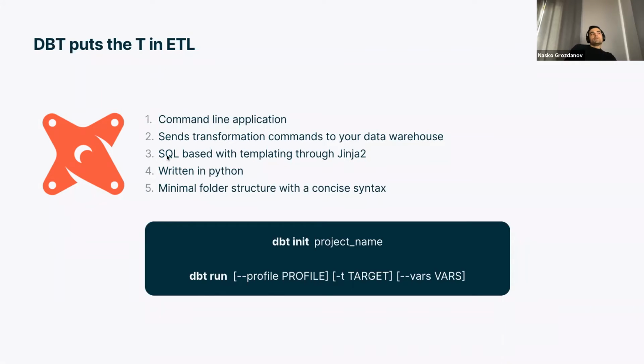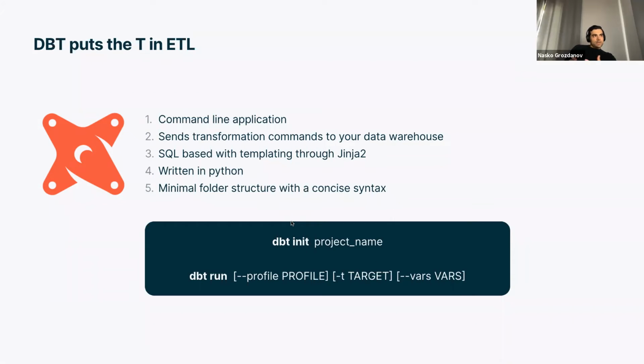What it will basically do is send commands to your data warehouse to perform transformations. It itself has a very minimal folder structure, and the use of SQL gives it a very concise syntax. But more importantly, because it's a command line application written in Python, you can run it almost anywhere, right?